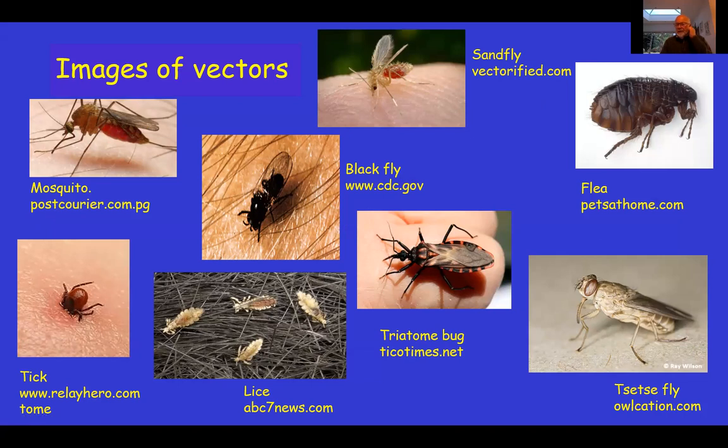I can remember my mother getting quite badly bitten by sandflies when we were down in, I think it was Dorset area, as a young lad. Black flies, that doesn't mean the black flies that you see, the bluebottles, but these are specific black flies.